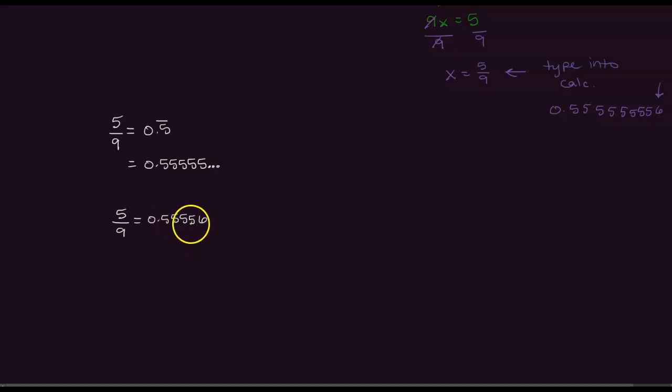No matter how many 5s I squeeze in here, this is not okay. Those things are not equal. In fact, it's just an approximation, so you could just say 5 divided by 9 is approximately 0.55556. That's fine. But if you want to use a real equal sign, then you need to indicate that the 5 is repeating.